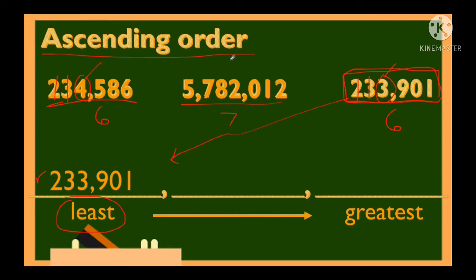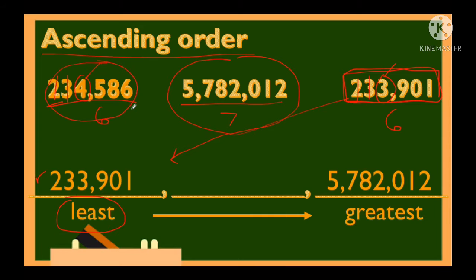It's because we have a number with 7 digits. So therefore, that will be our greatest. And the remaining number here, of course, will be put at the center. Alright, that is how we can do ascending order.